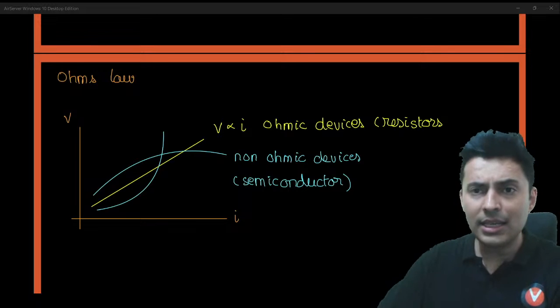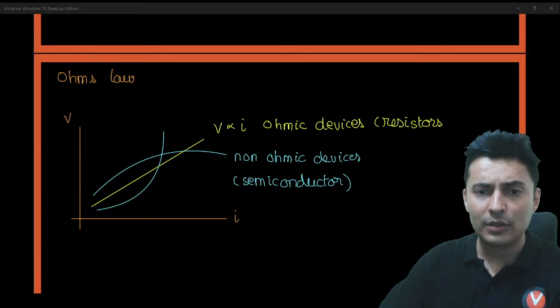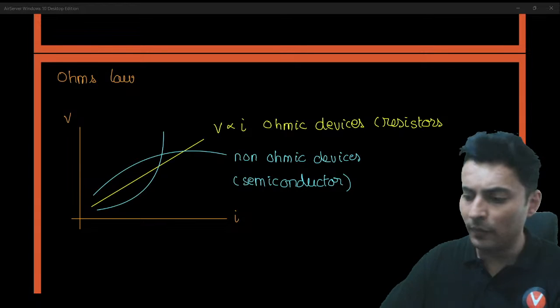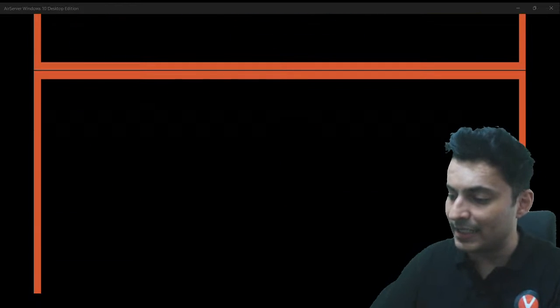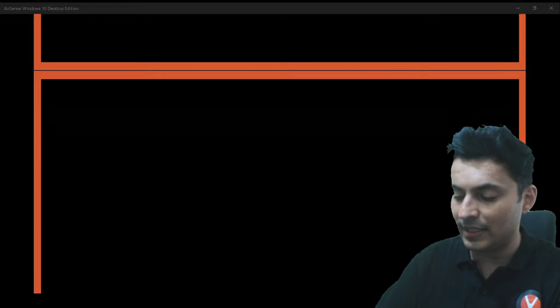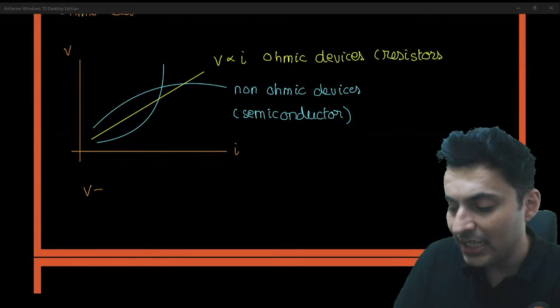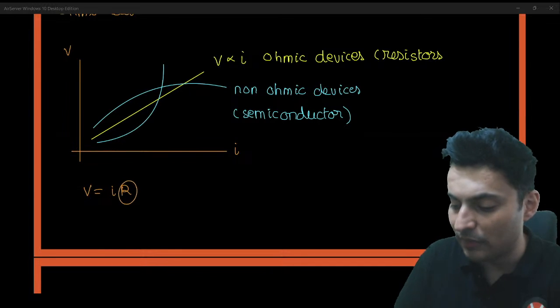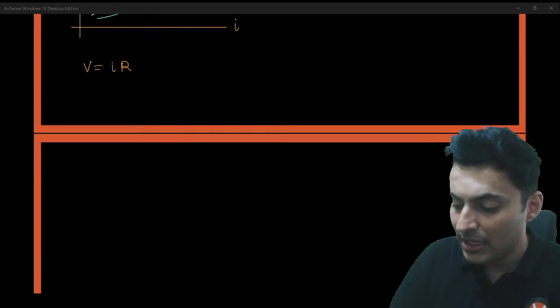Then another graph which you should also know is of the resistance, because V equals IR gives me the definition of resistance.